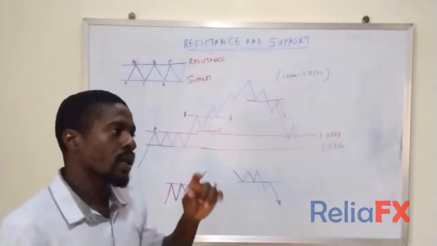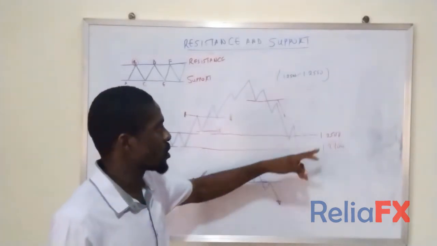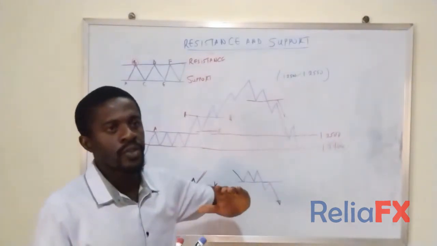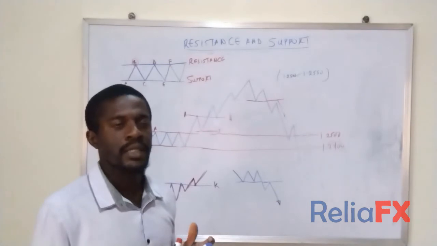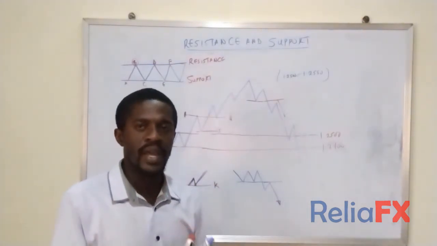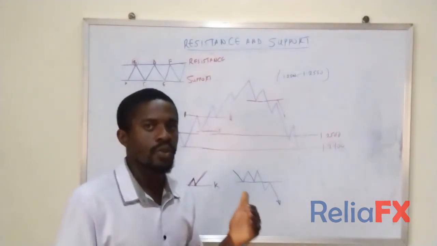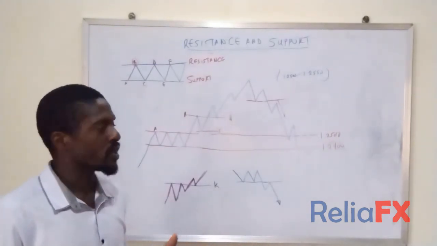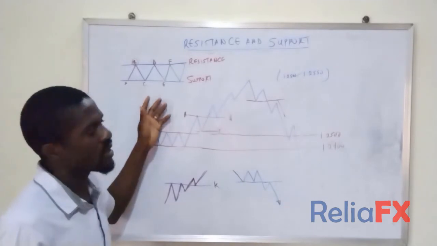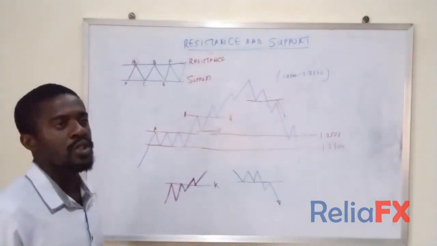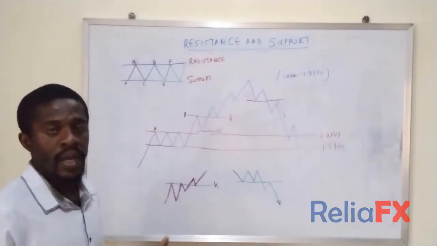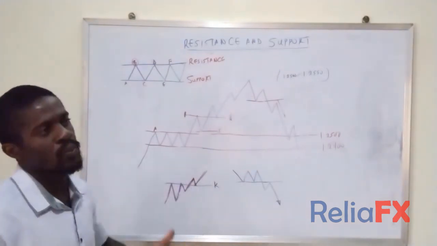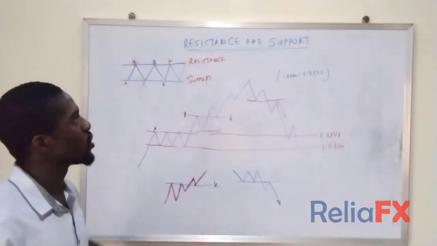So please note that. Don't be deceived to think that it's just an exact number. It could vary. So usually in our analysis, we want to find the range where price is support, and then the price range where price is resistance. Now, these are basic things that you need to understand with your trading. These are foundational, and it's on these things that we build as we begin to trade.